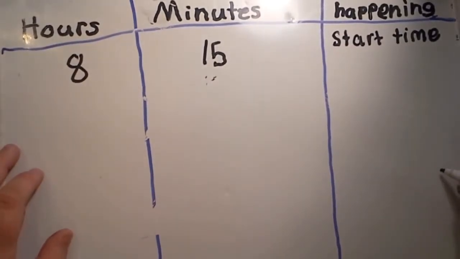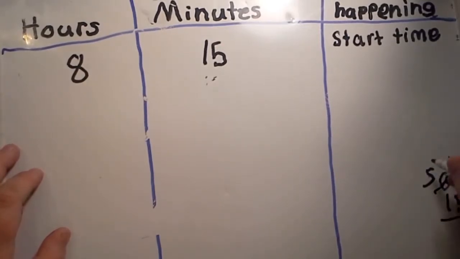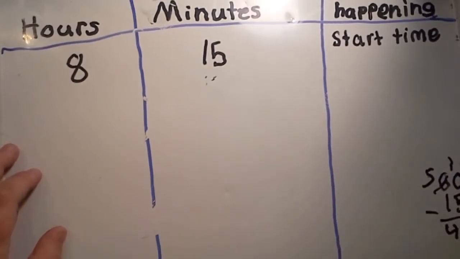So I'm going to take 15 and subtract that from 60. Okay, so I cross out this, it becomes a 5, 10 minus 5 is 5, 5 minus 1 is 4. So I get 45.